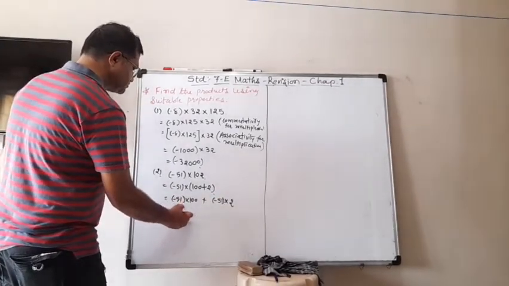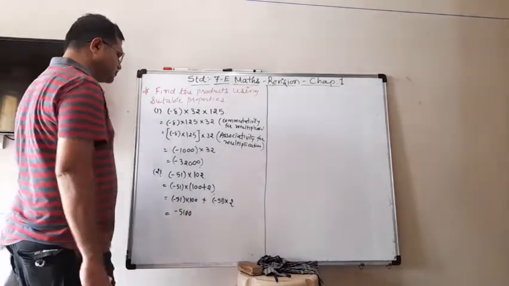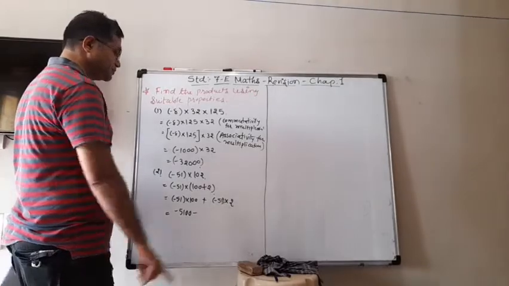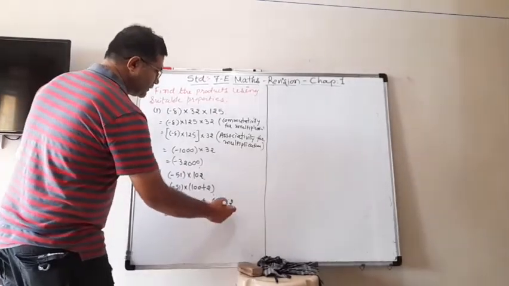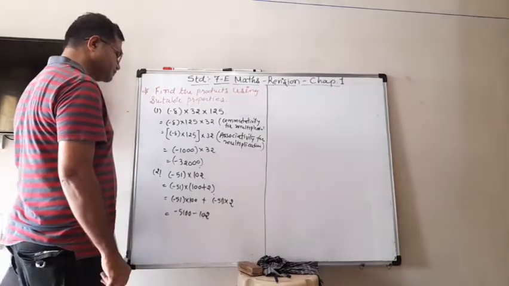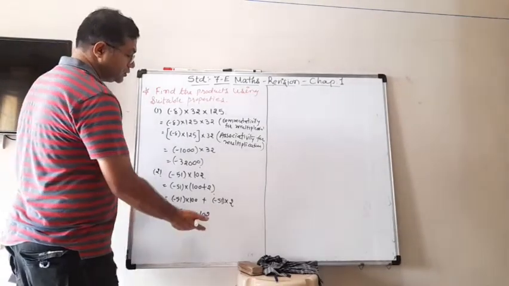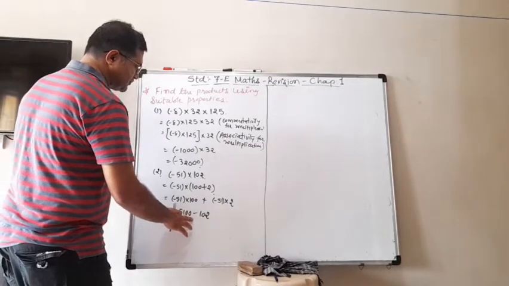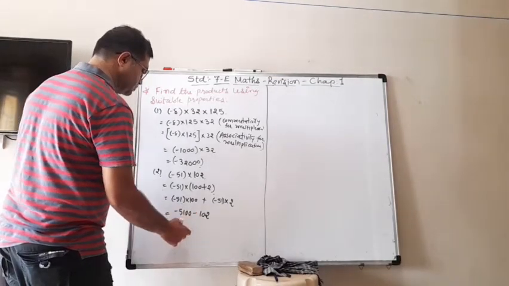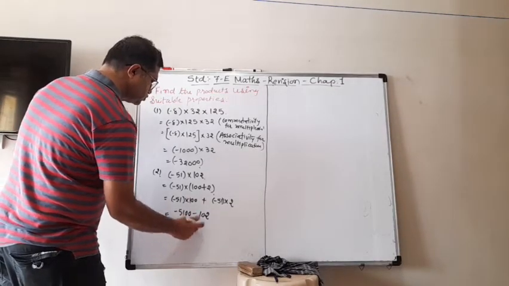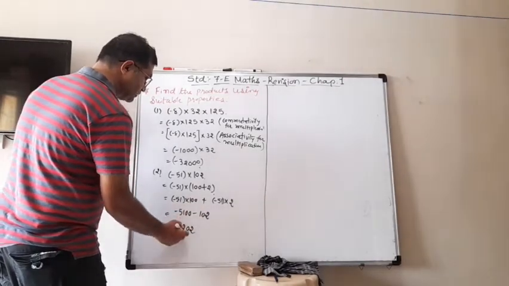So it is minus 5100. Minus 51 multiplied by 2 is 102. So now we just have to add this, minus 5100 minus 102, means 5202, but with negative sign.